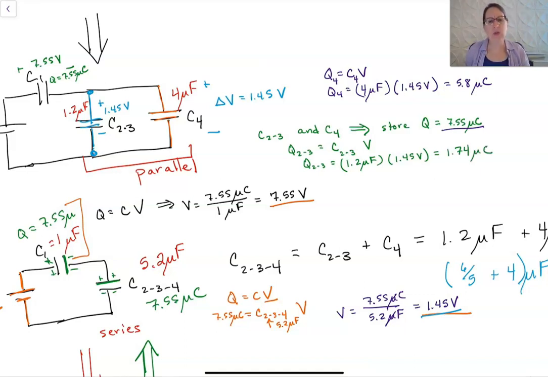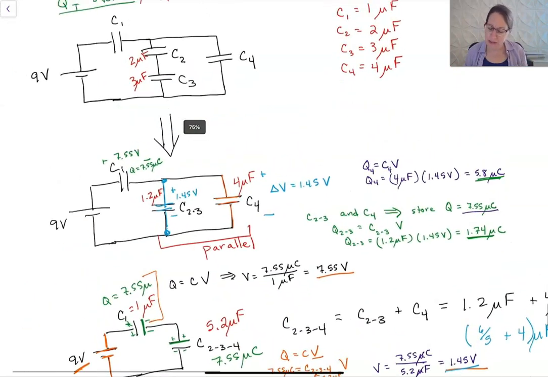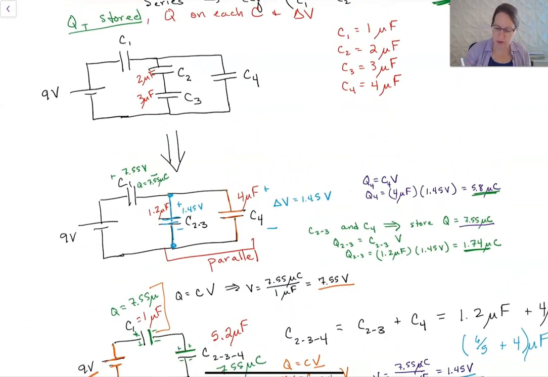And so when I add this to this 5.8, I get 7.54. So I've got some rounding, but basically I've got the right answer here. Everything is consistent. Okay, so we're almost done. You can continue this. You don't have to, right? Unless the problem that you're working with asks you.